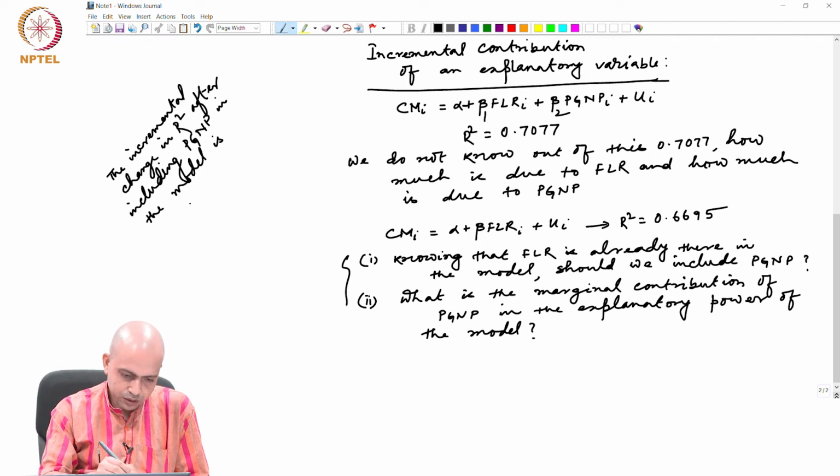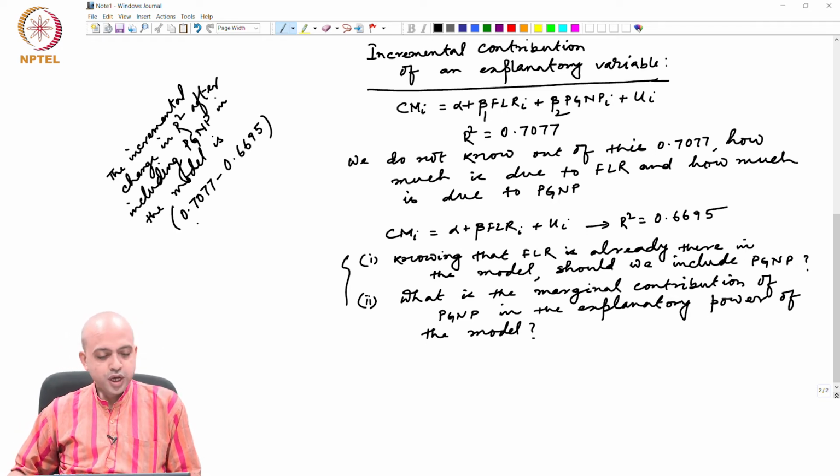It is 0.7077 minus 0.6695. This is the incremental change.